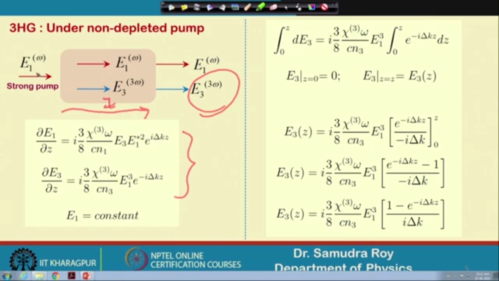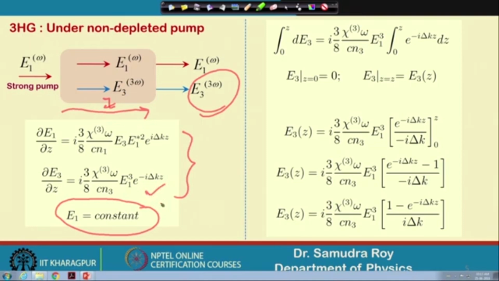Since E1 is very strong, a certain percentage of E1 will be there to generate the field with the frequency 3 omega. So, we can consider E1 as a constant.